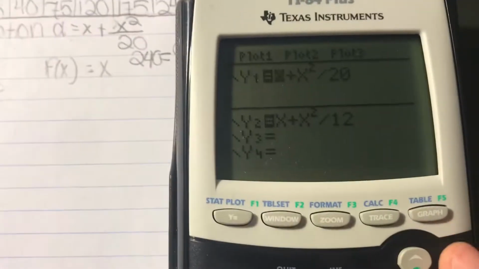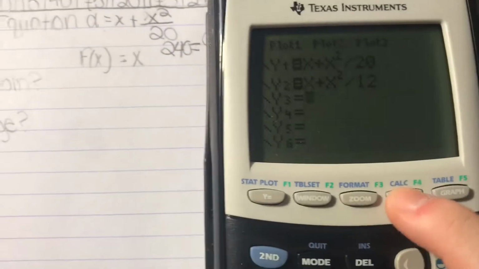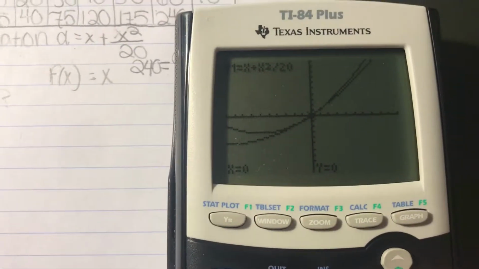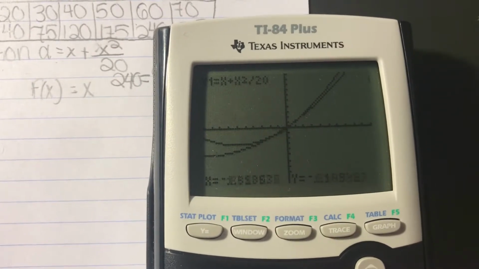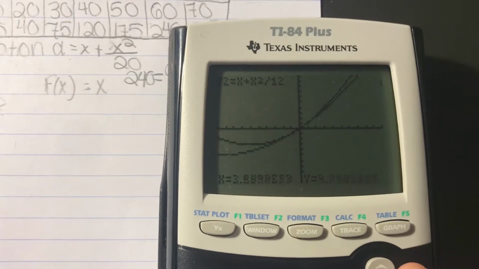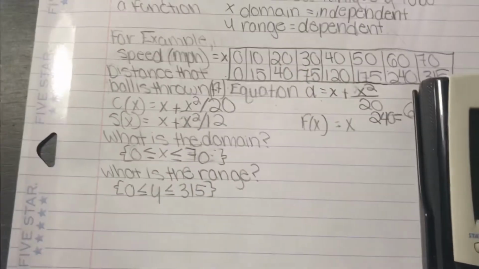Then if I go to my y equals, I put in the two equations. If I hit trace, it will come up on here in my standard fit graph, and it will have all the ordered pairs for their equation. And I can trace on both.